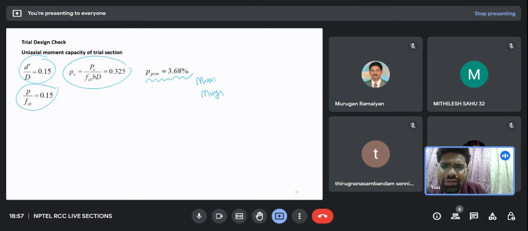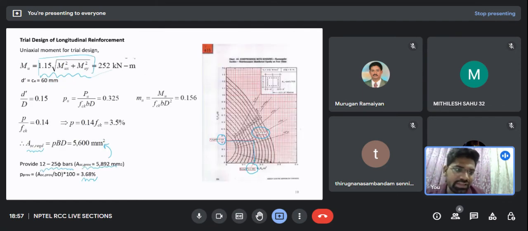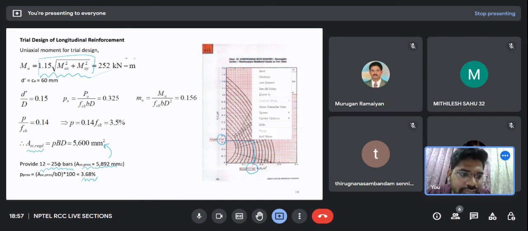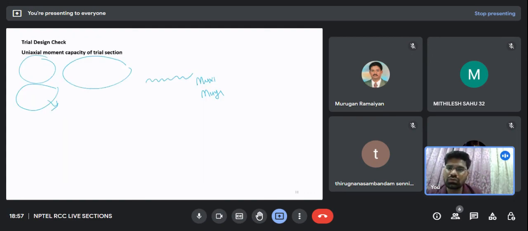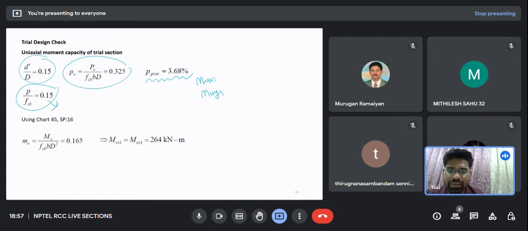I will just divide this by fck. Here I have already done that. So which curve does it correspond to? 0.15. Corresponding to that curve and to a value of Pu by fck, I will get a value of moment. That moment I will get from here.